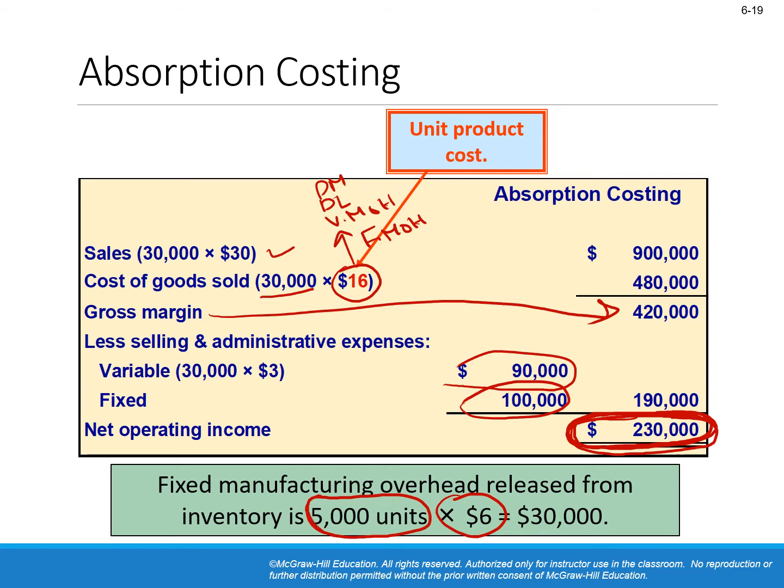So eventually, if you think about it, in year 1 and in year 2, the sum of the production and the sale was 60,000, which were equal.